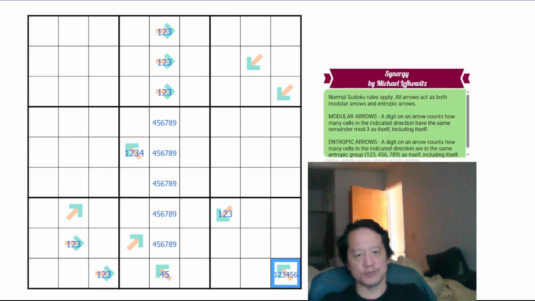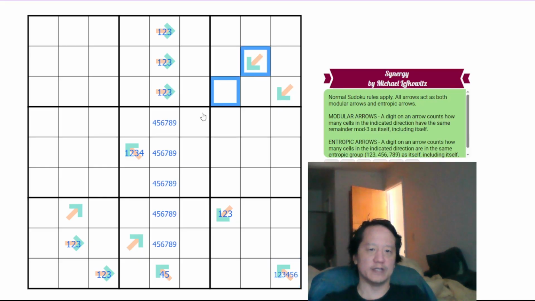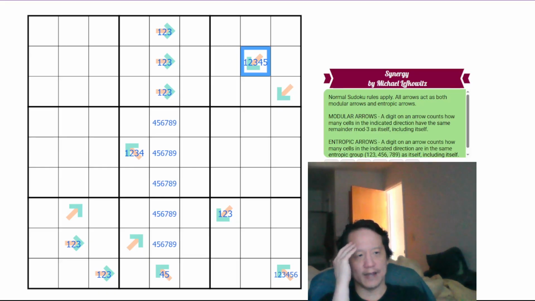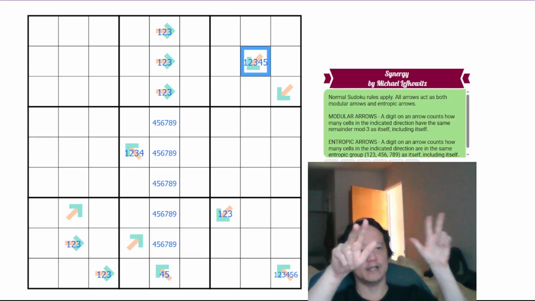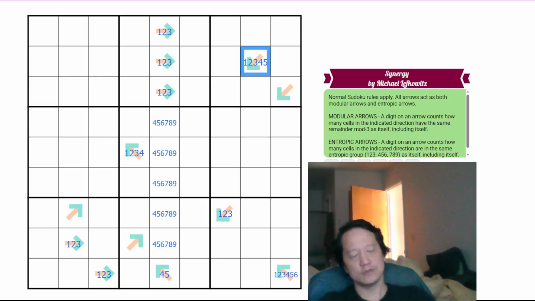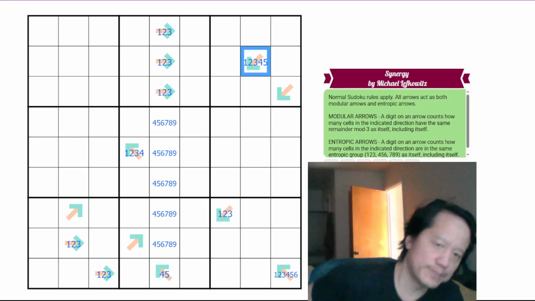So this is 1 through 6. But since this is on the main diagonal, but it only points at 8 digits, this has to be 5. Because you can't have 3, 3, and 3, right? It's 3, 3, and 2 at most. So that's 1 through 5.